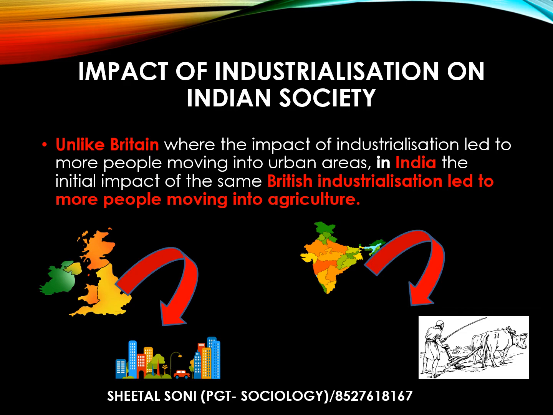So the impact of industrialization in the very beginning phase of Indian society was very different from what it was in Britain. I will once again repeat: in the very beginning phase in India, because of industrialization, the people started moving into the agricultural sector instead of moving into the urban area or industrial sector.